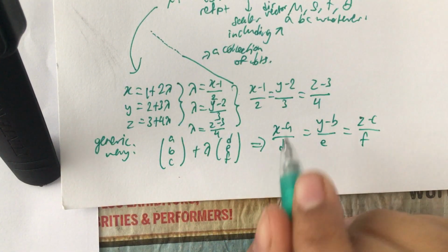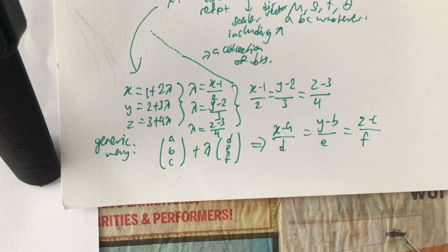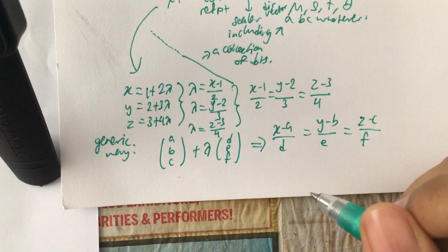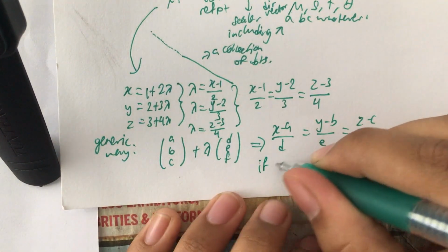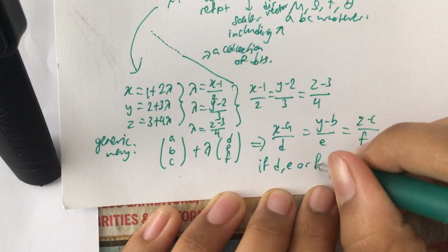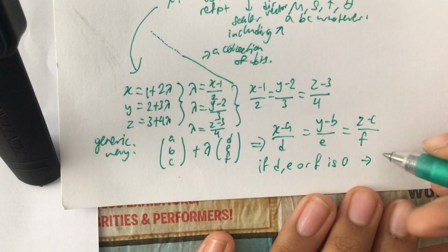So for example, instead of 1, 2, 3, you have negative 1, 2, 3. Then you must put x plus 1 because x minus negative 1 is equal to x plus 1. So just follow that rule and you will be able to do this without having to think too much.